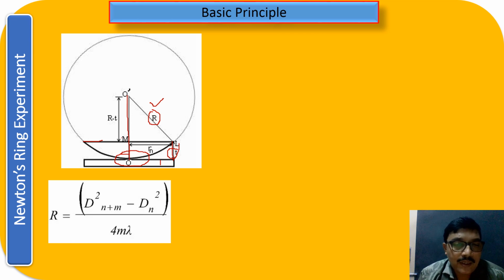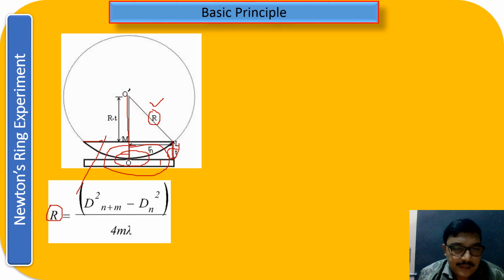The diameter of a dark ring is directly proportional to the square root of natural numbers. The diameter of a bright ring is directly proportional to the square root of odd natural numbers. Since the diameter of a dark ring is directly proportional to the square root of natural numbers, I use that condition to calculate the radius of curvature of the plano convex lens.